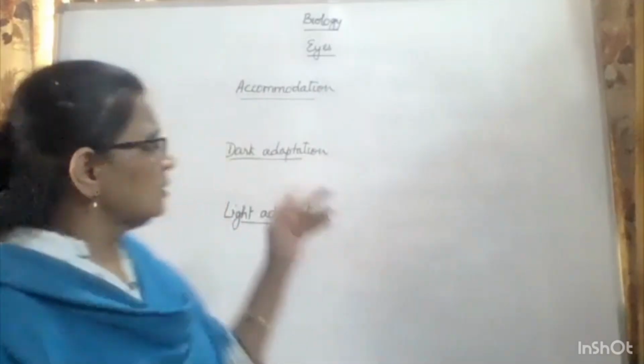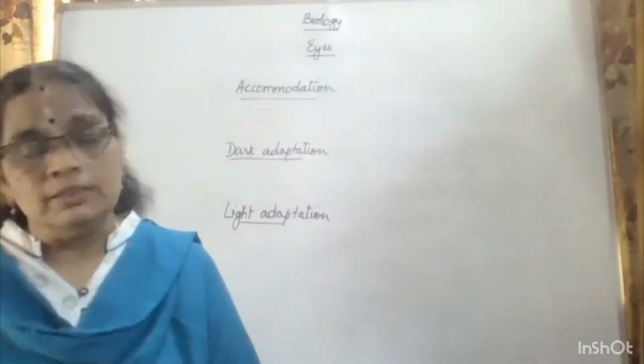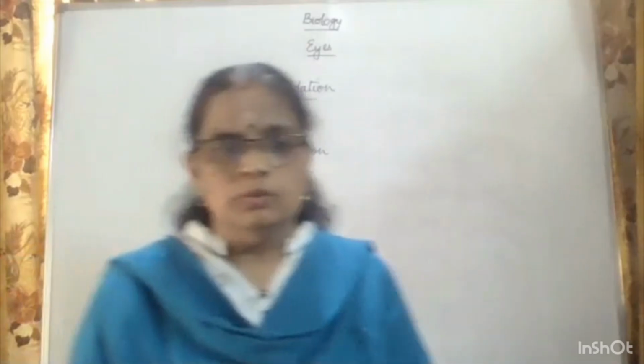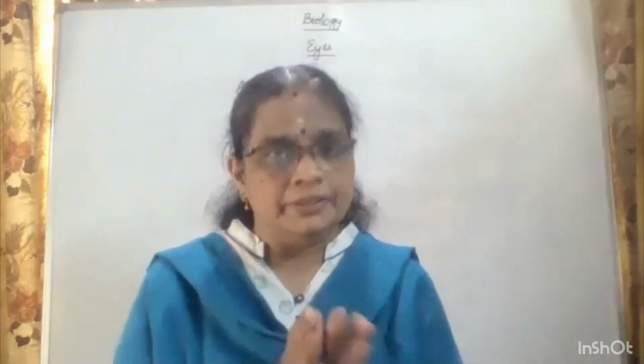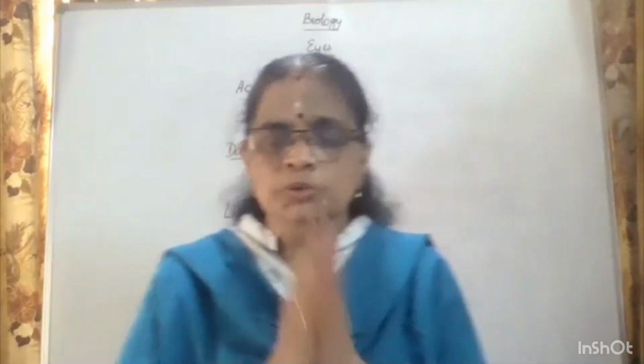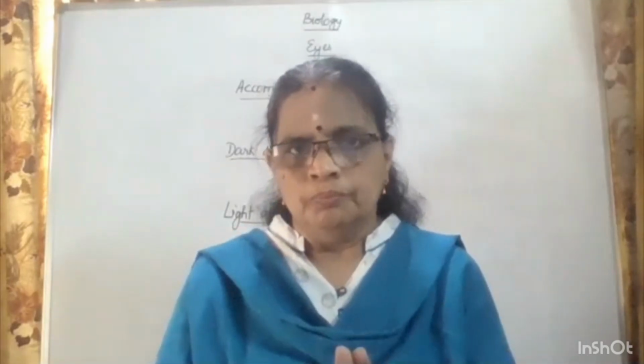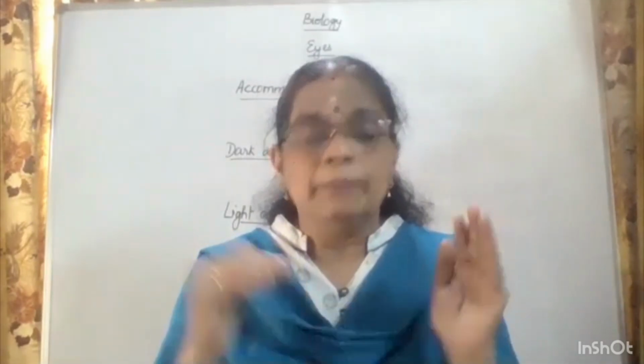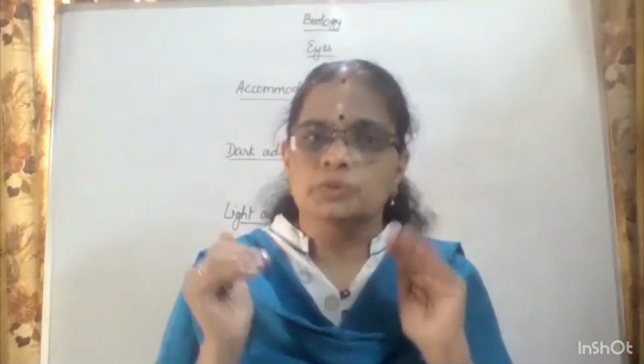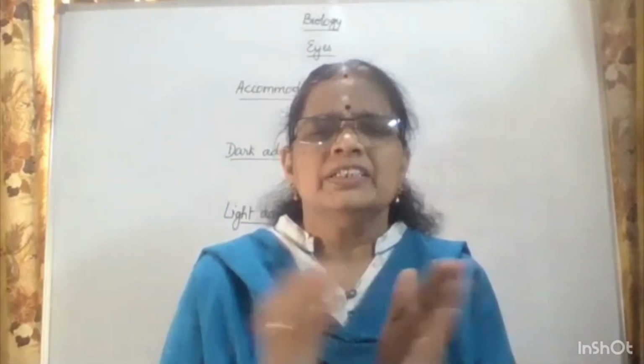Right. What is dark adaptation and light adaptation? The best example we can take is a theater. When we go to a theater during the morning show or afternoon show, it is very bright outside and we enter the theater, which is a little dark.